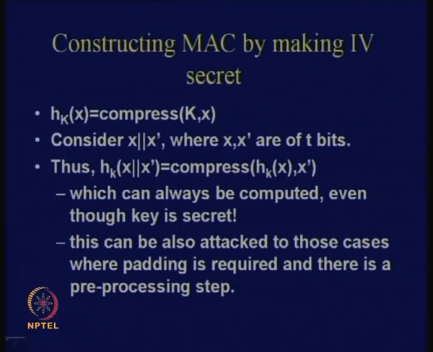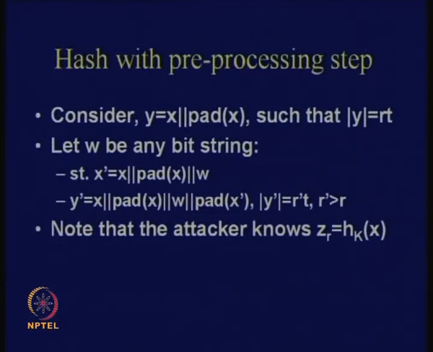We have seen in the MD5 and SHA-1 constructions that we append certain predefined vectors, like a 1 followed by zeros, to make the message a multiple of a particular block length, and then we also add the length of the message. For example, in SHA-1 we appended a 64 bit representation of the length. Such steps can be there and still this attack will hold.